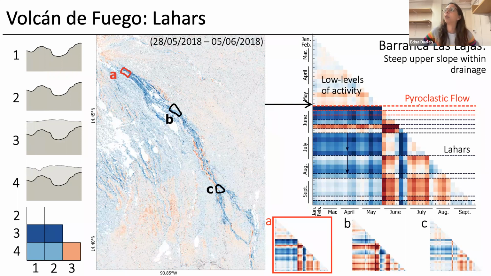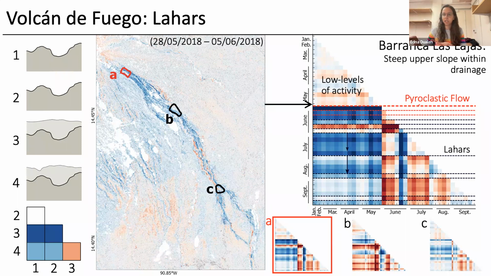So I think the change associated with the pyroclastic flow, sorry, a lahar, is not necessarily uniform across it. In some places you'll have material being removed and in other places deposited, so some of these changes will reflect that. Also, this one here I chose on the edge of the flow, so maybe it's not capturing the full extent of where the lahar would be going, but rather just a section.